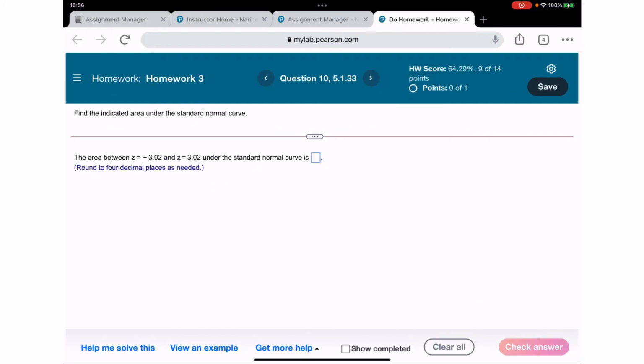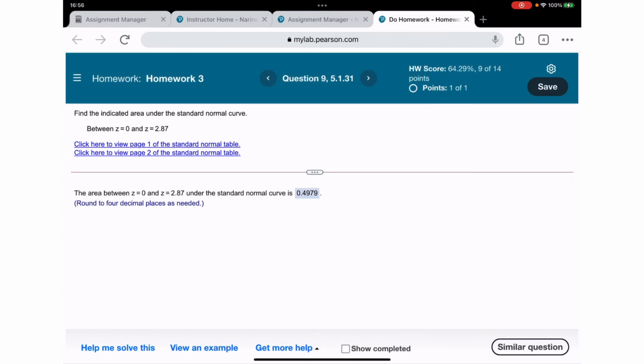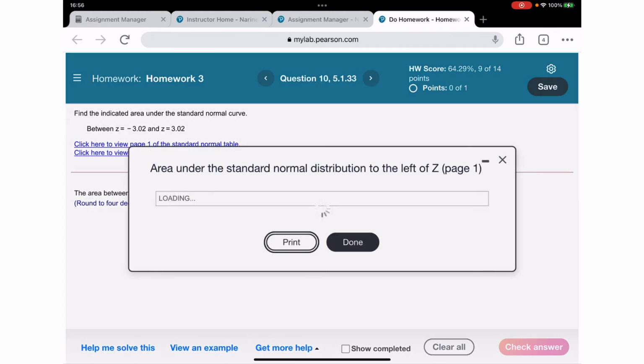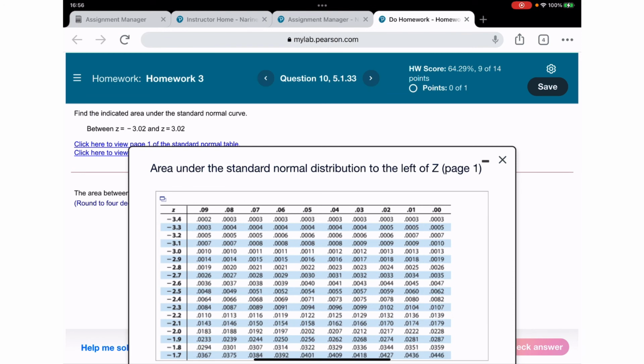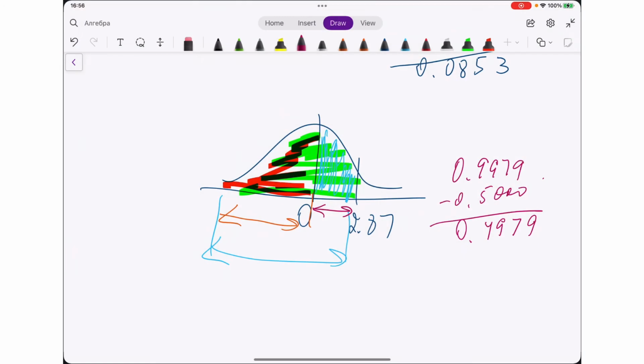Wait. Okay. Negative 3.0. And 2 is going to be almost at the end of the third column. 3.02, it's 0.013. Let's write down real quick.